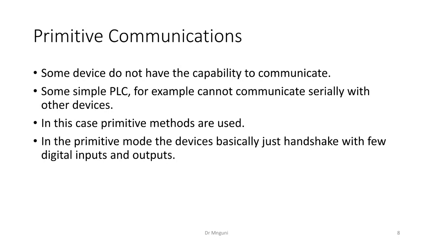We can choose input 2 or input 1, doesn't matter. And then once that input is high, the robot needs to execute a certain program, okay? Now, when that program is being executed, we can tell that program that once it is done, we want output 1 to be high.